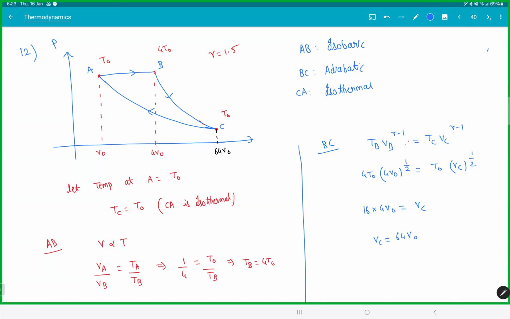Thermo is one chapter, right? Unlike rotation or mechanics, there is really very less to think. You know the formulas, you know the process, you just brute force, you just keep putting and solving. Things do fall in place.